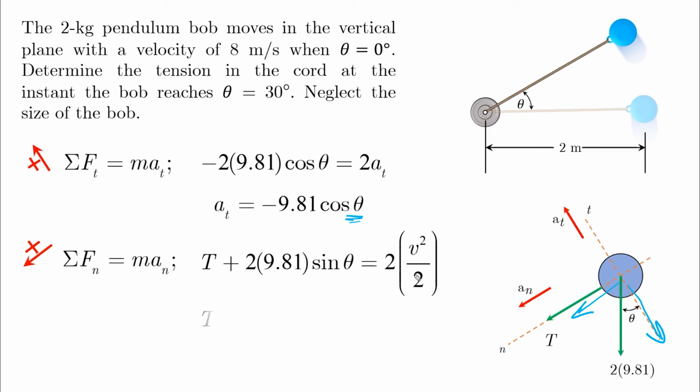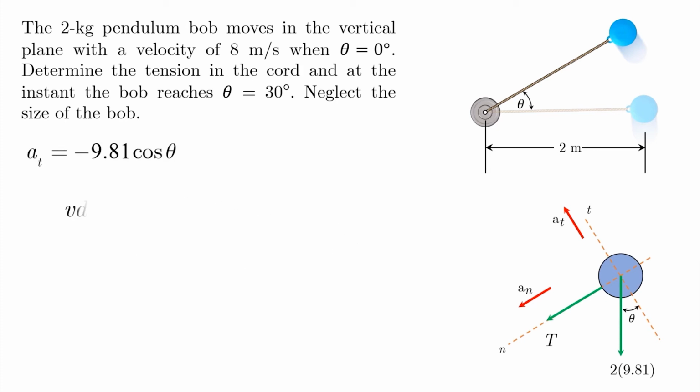So to find the tension, we need to find theta and v. Theta is given as 30 degrees, so we need to find the velocity when theta is equal to 30 degrees. Since we have the initial and final angles, we can take advantage of a_t, which is a function of theta, by using v dv equals a_t ds, where ds is equal to r d theta, or 2 d theta in this problem.